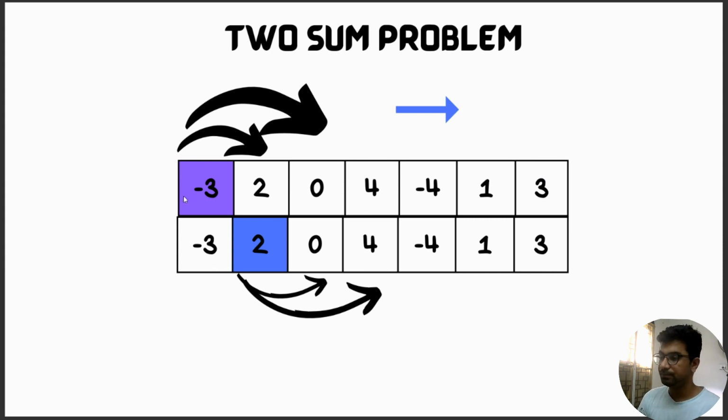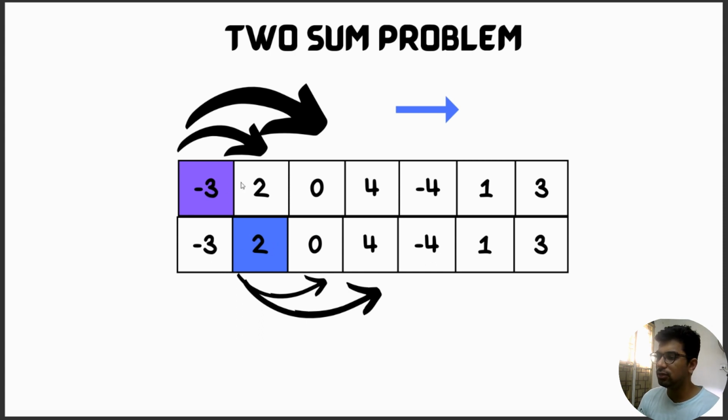So if the first number is this, we have to check by summing with each of the others, so we will do n minus 1 operations in the first iteration. The same way, if the first number is this, then we will do n minus 2 operations to check whether the sum is equal to the target or not.